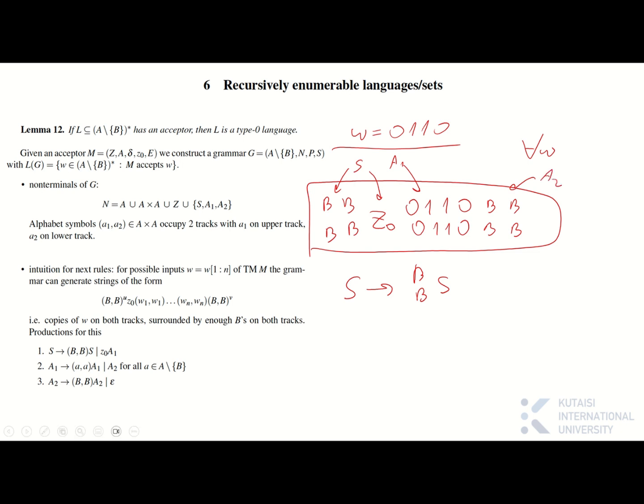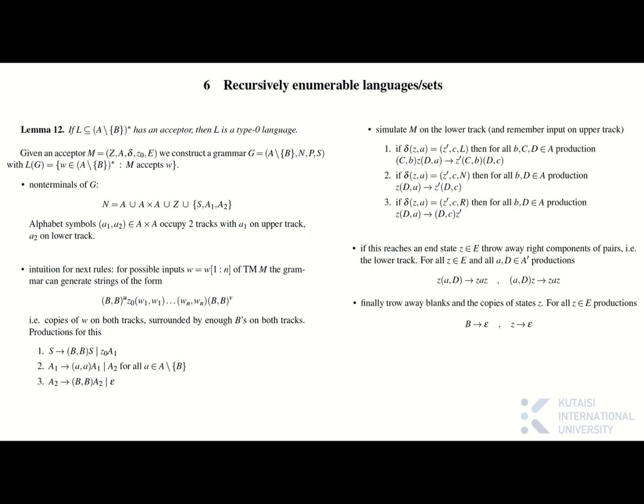So something like this will be generated, and the next thing you want to do is start running your Turing machine downstairs. This is what this is doing: simulate M on the lower track and remember the input on the upper track. What does this mean?